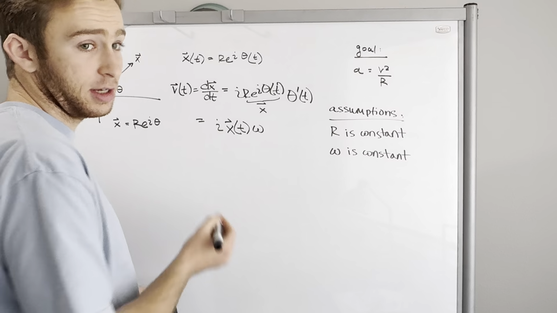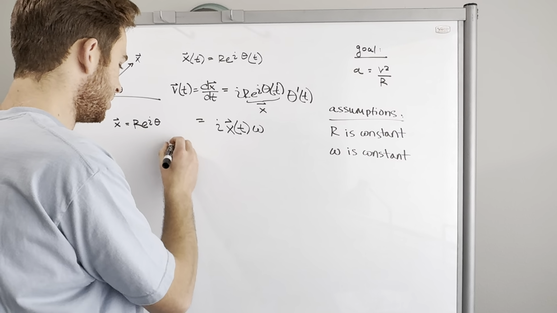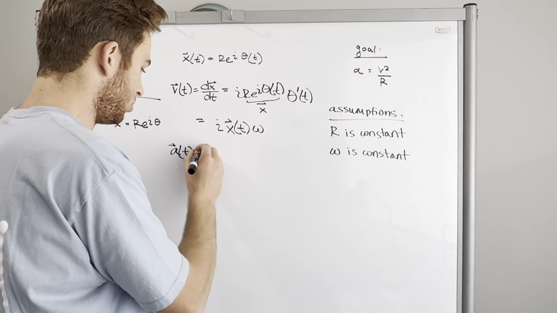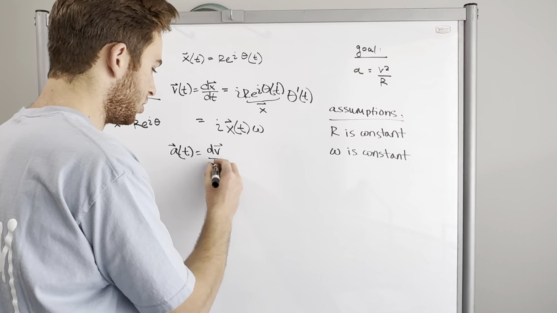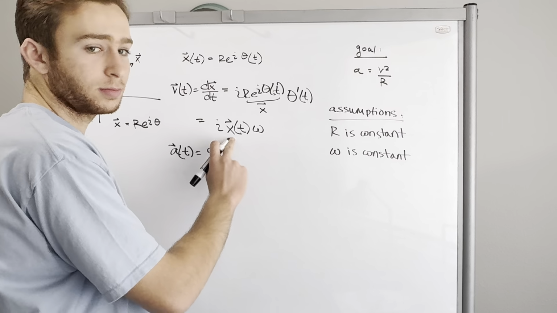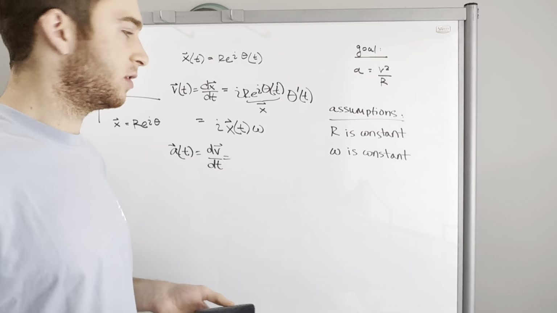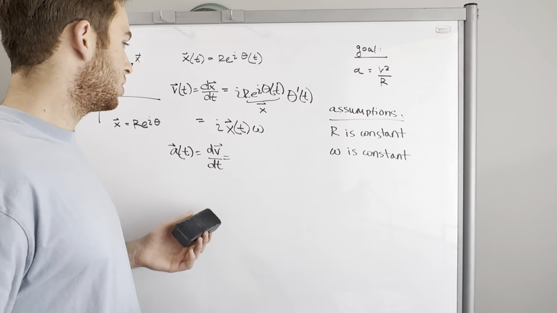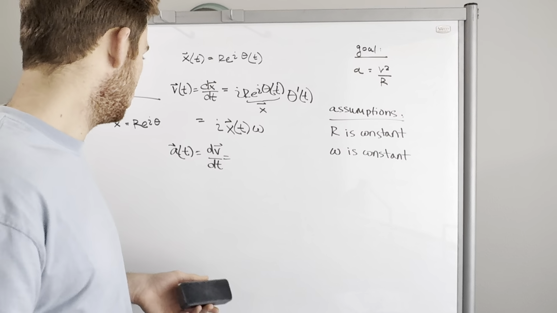Next, I'm going to find the acceleration by taking the derivative of the velocity. I'm going to say a of t equals dv dt, and that's just the derivative of this. Now, I can pull the i out of the derivative because it's just a constant. So I'm going to take the derivative of this using the product rule.